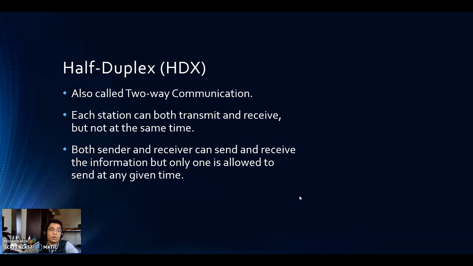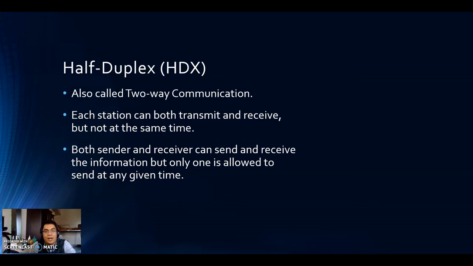Another form is called half duplex or HDX, which is two-way communication. In HDX, each device or station can both transmit and receive, but not at the same time. Both sender and receiver can send and receive information, but only one is allowed to send at any given time. A perfect example of this is a radio, or what we would call a walkie-talkie.